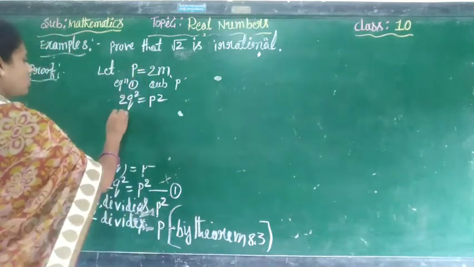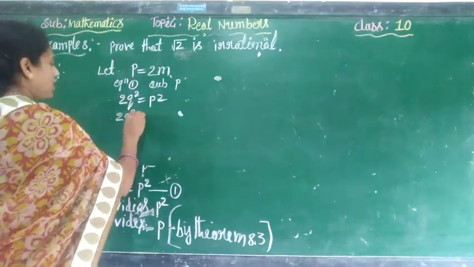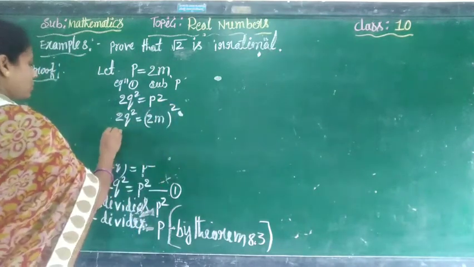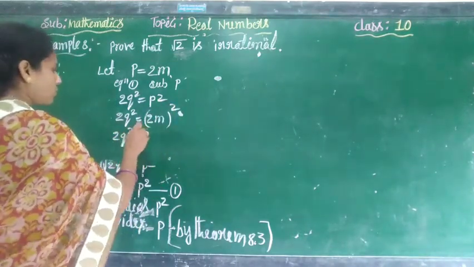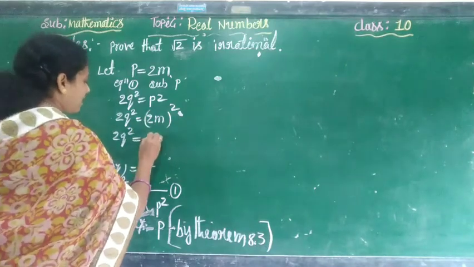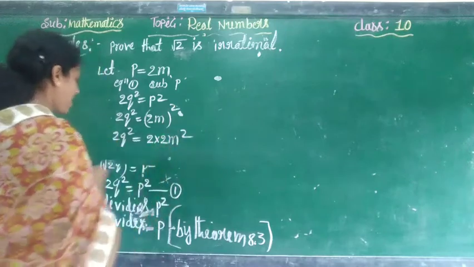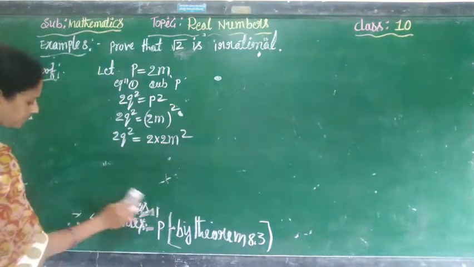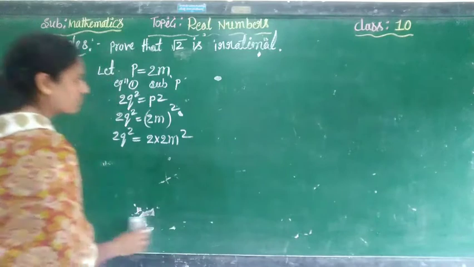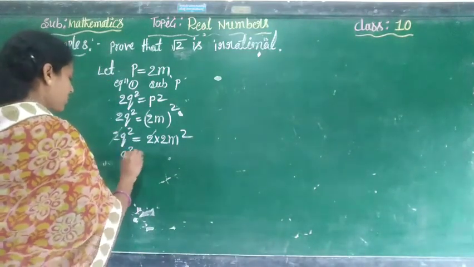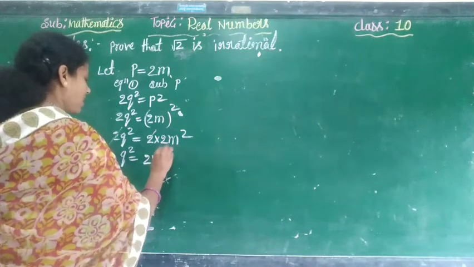So 2Q square is equal to 2m whole square. 2Q square is equal to 2 2s are 4. We write 2 into 2, m into m square. So 2 get cancelled.